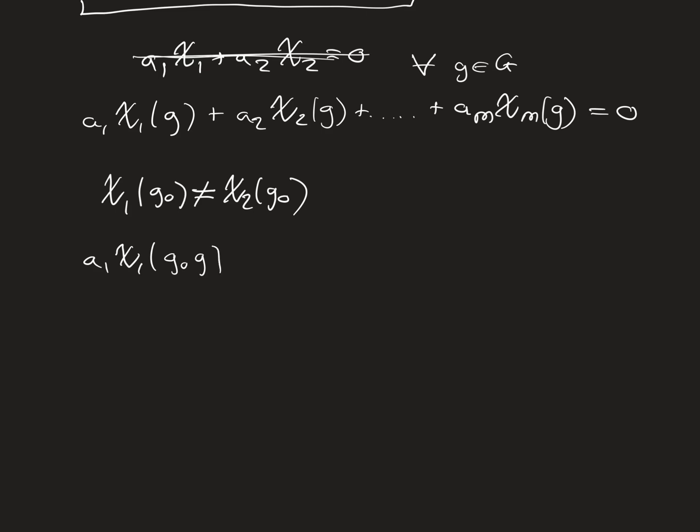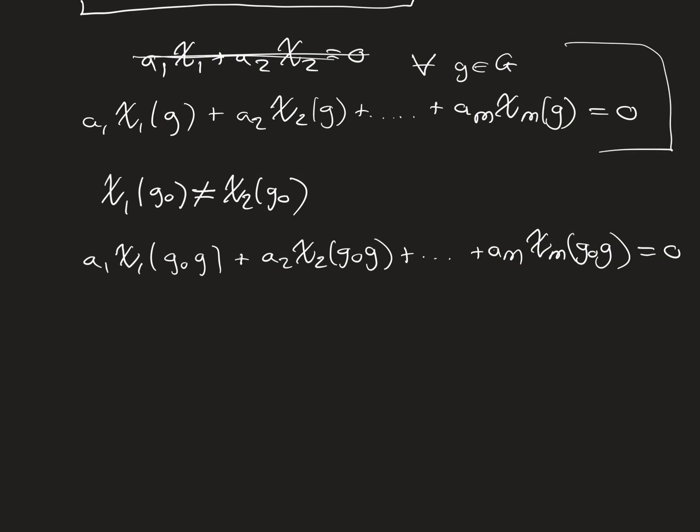So it's still the case that A1 chi1 of g0g plus A2 chi2 of g0g plus all the way up to Am chi m of g0g is equal to 0. So this held for all elements of the group. Whatever you put in for little g here, this is still going to be some element of the group, so this is still going to hold true.